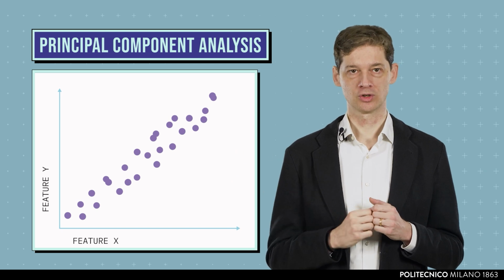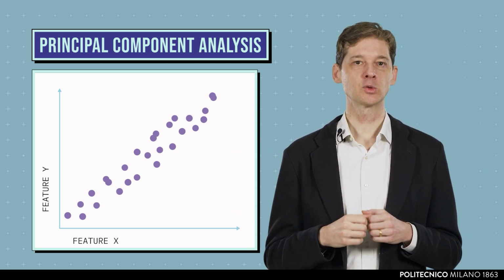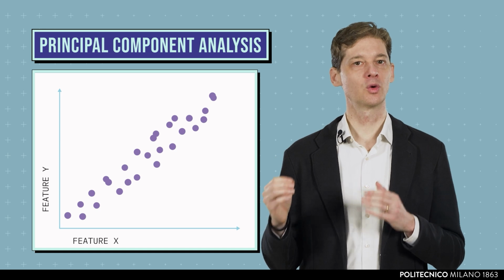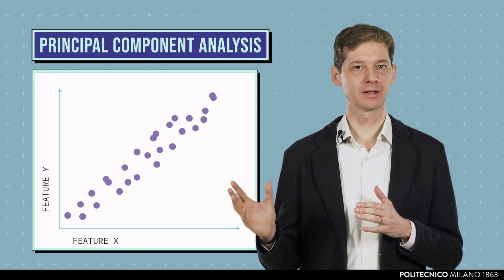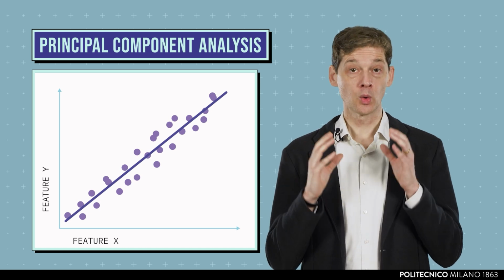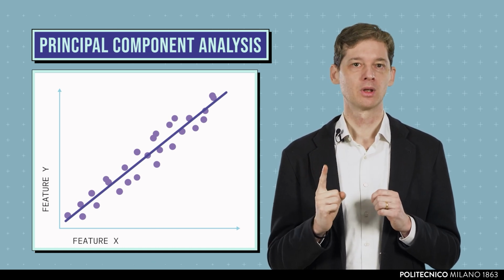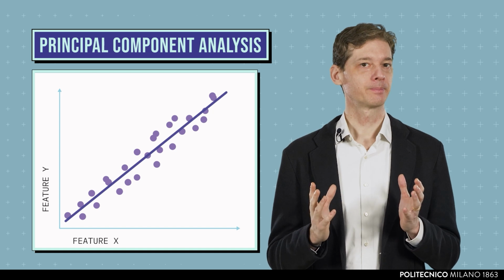Let's look at this image that shows points in a two-dimensional space. As we can see, these two features look very correlated with each other, as the points lie very close to a line. If we want to reduce the input features from 2 to 1, which choice would we make?